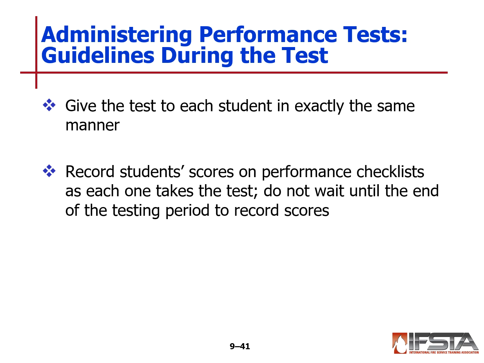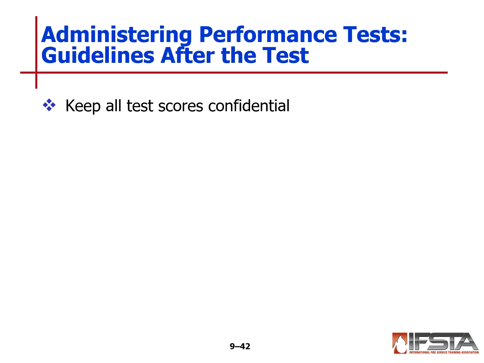Give the test to each student in exactly the same manner. Record students' scores on performance checklists as each one takes the test. Do not wait until the end of the testing period to record scores. Keep all test scores confidential.